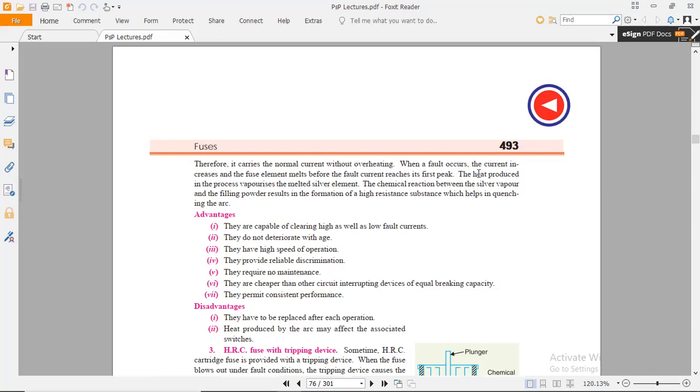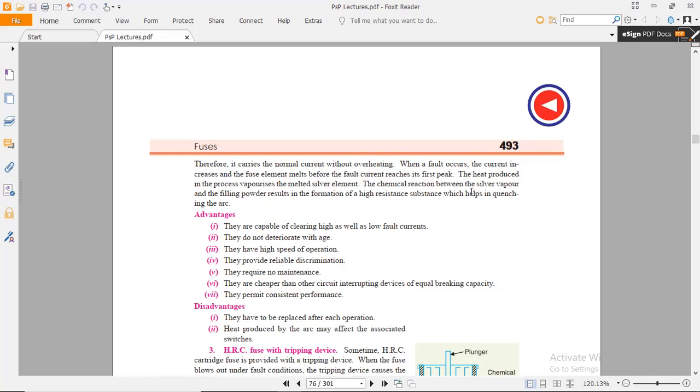When a fault occurs, the current increases, and the fuse element melts. Before the fault current reaches its first peak, the heat produced in the process vaporizes the molten silver metal, which is the contact terminal.